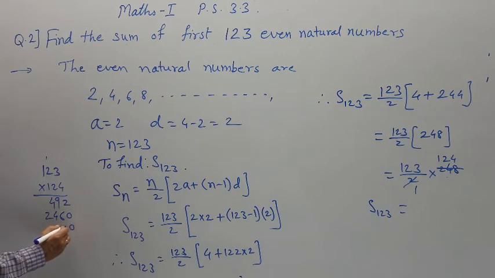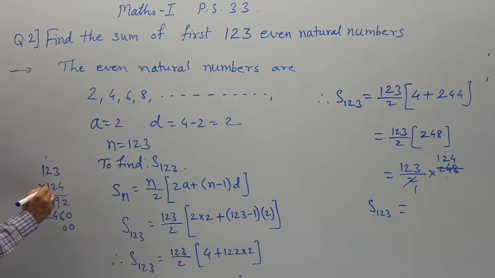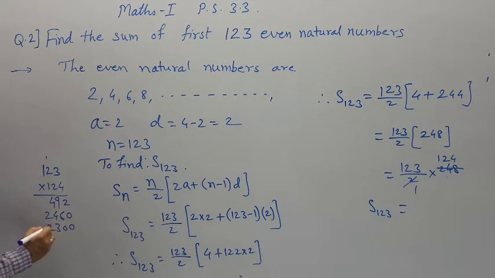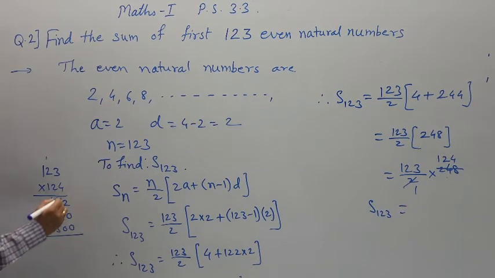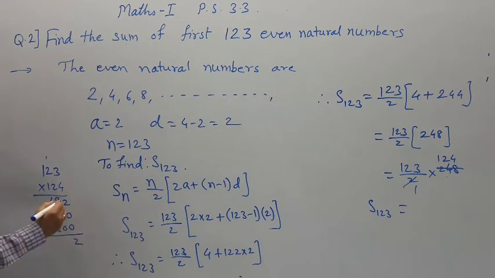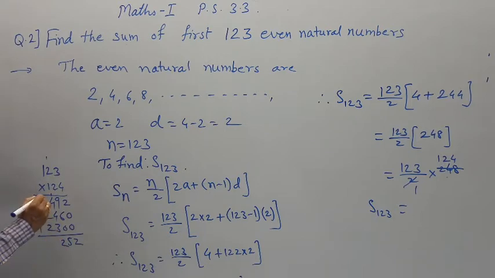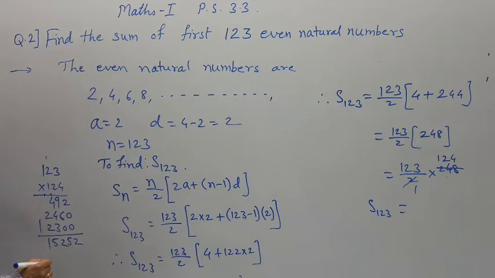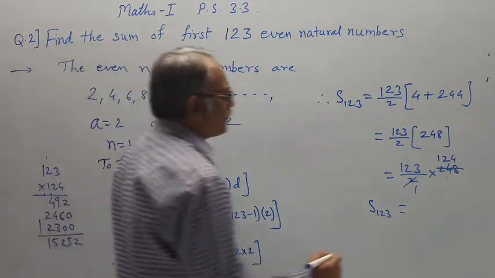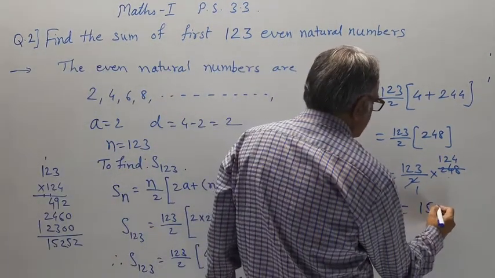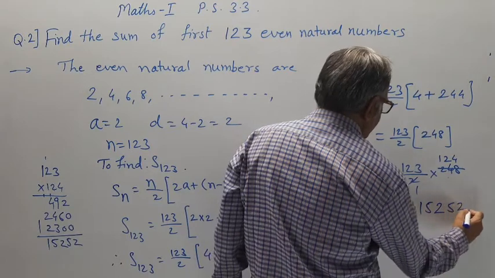Again write 0 or a plus sign and then multiply by 1: 3, 2, 1. Add: 2, 9 and 6, 15, carry 1; 1 and 4, 5 and 4, 9; and 3, 12, carry 1; 1 and 2, 3 and 2, 5. So 15,252.